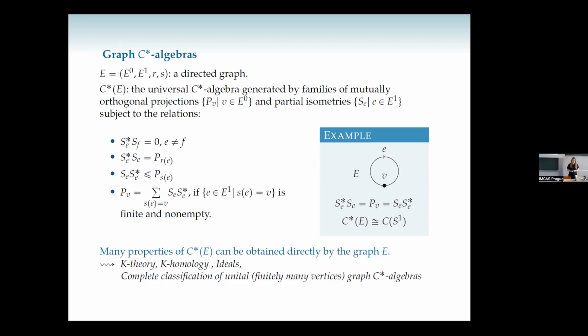Unital is the same as the graph having finitely many vertices. So a unital graph C*-algebra is completely classified using something called the ordered filtered reduced K-theory. We will not use that because in our case everything boiled down to some matrix calculations, but I will go back to that.